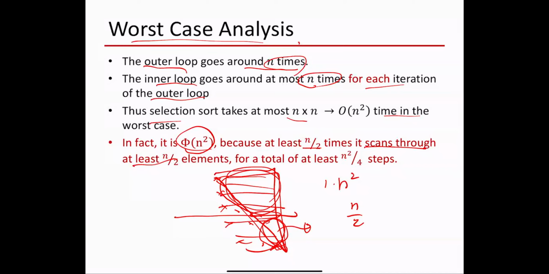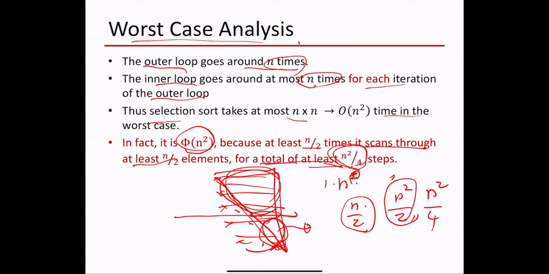Therefore, the total could be multiplied by this, n squared over 2, or in detail, we can talk about a quarter of n squared. Okay, I'm going to talk about this in more detail in the following slide. So this is what we get, and it says total at least of this one, at best of this one. So the most computation comes in here, the smallest computation in here.